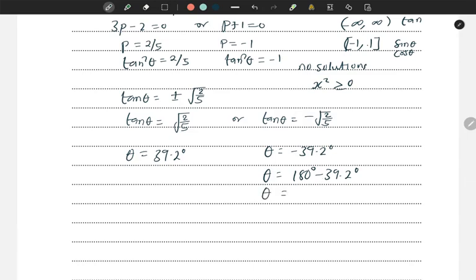That should give us 140.8 degrees. So the angles here are 39.2 degrees and 140.8 degrees, and that is the solution to the given question.